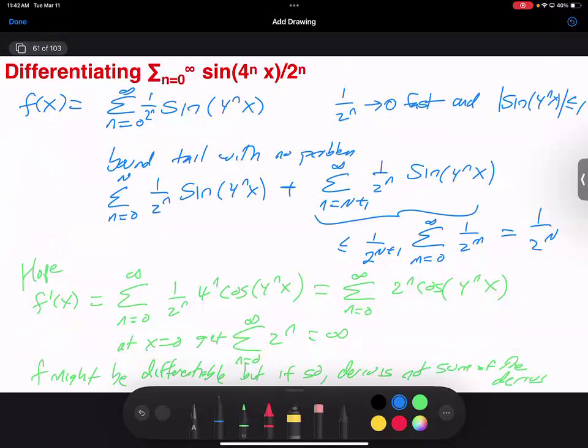Here we had the function 1 over 2^n sine of 4^n x. The different terms are getting very small, but the derivatives were getting large. Why is this not a contradiction to what we're doing? I can't differentiate this term by term, and this converges for all x.